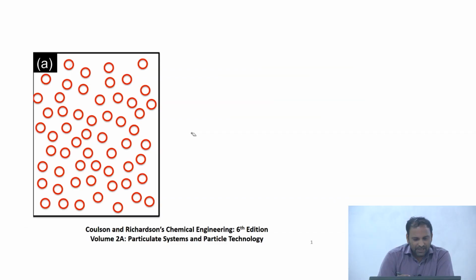Today's class we're going to talk a little bit again about aspects of settling. I just want to pose this problem: say that I have a container and it has particles.